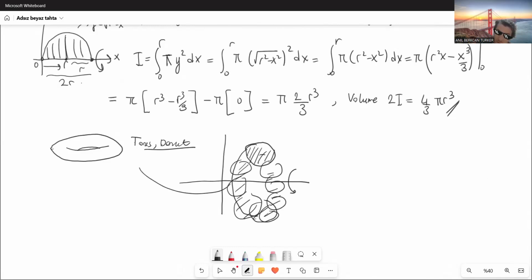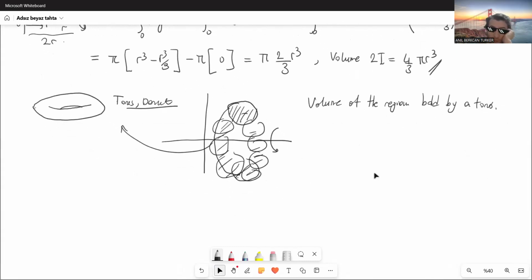So it will give me the volume of a torus, or the volume of the region bounded by a torus. Now we can also calculate this, I hope, because sometimes some integrals are not calculable or whatever it is.